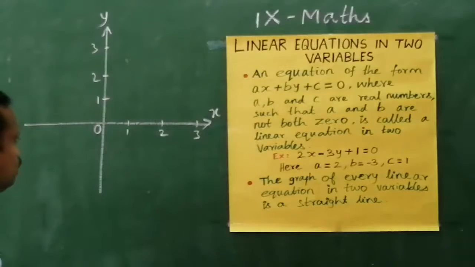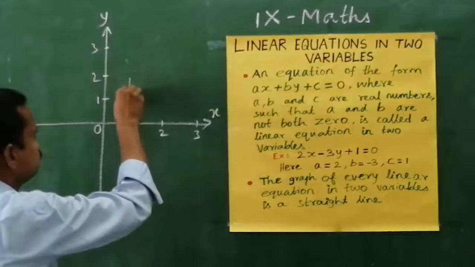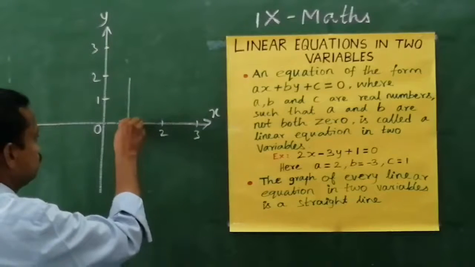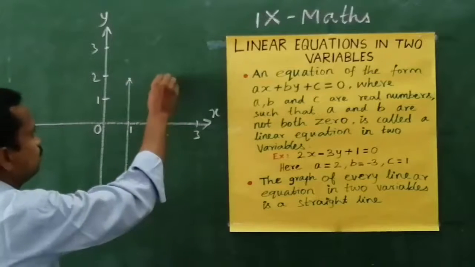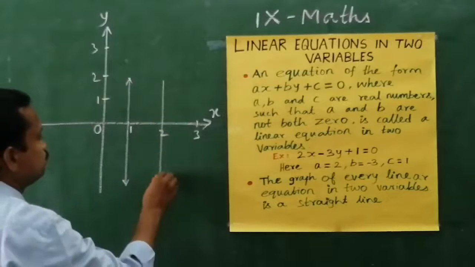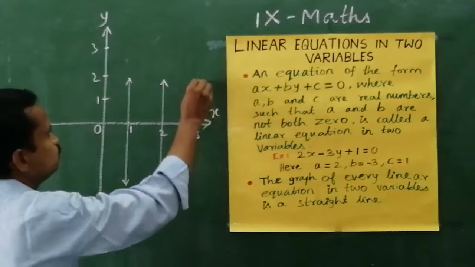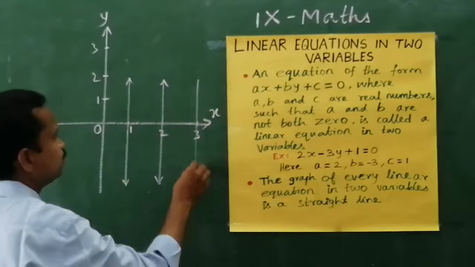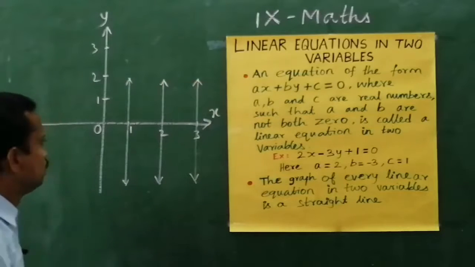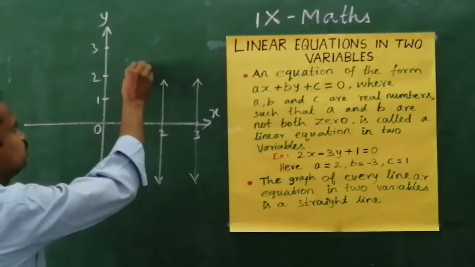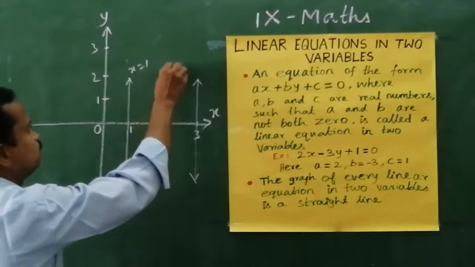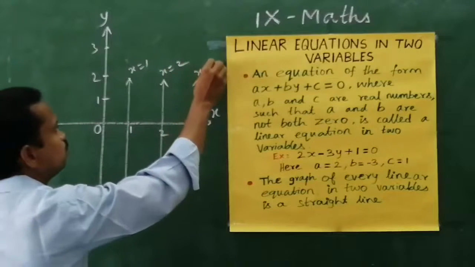Suppose I draw a line like this, this is 1, am I right? This is one line, another line, this is 2 and another line. Okay. So, on these lines the x value is 1. So, x equals 1, here x equals 2, here x equals 3.